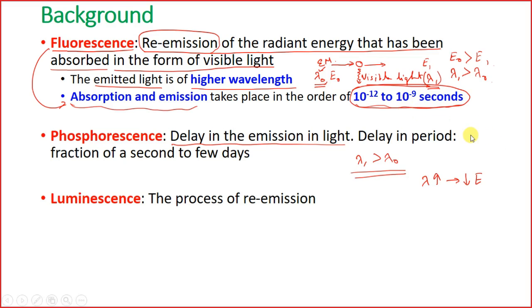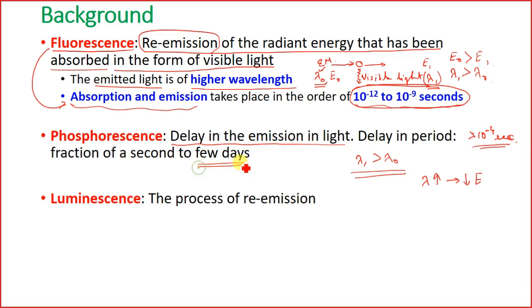Okay, so usually if you have emission lasting greater than 10 to the power minus 4 seconds, then it is regarded as phosphorescence. And the phosphorescence may be within a fraction of a second, but it may also go on for a few days.